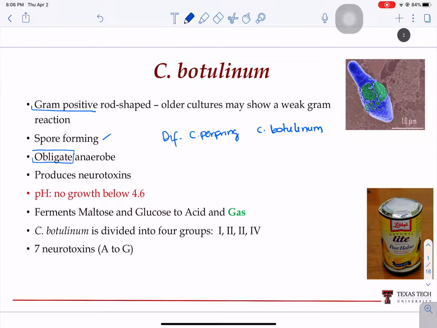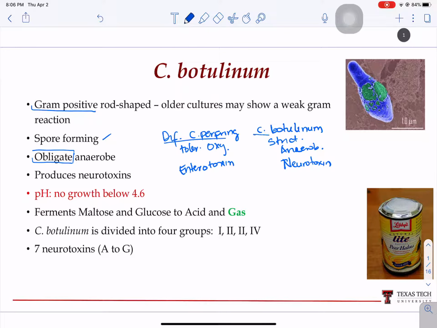So this one tolerates some oxygen, and this one is a strict anaerobe. This one produces neurotoxin. This one produces enterotoxins. So these are some differences.